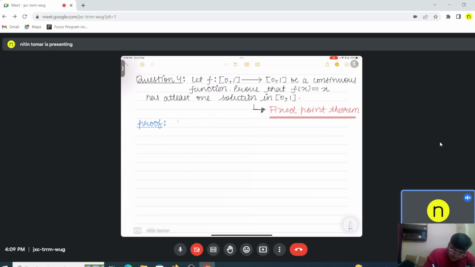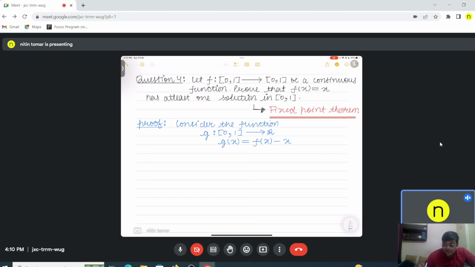You consider the function g from 0, 1 to R defined by g of x is f of x minus x.